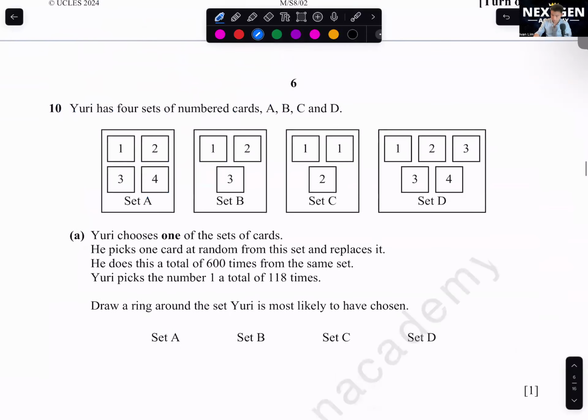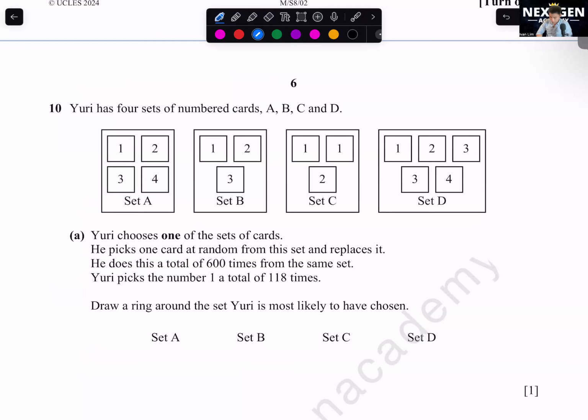Question 10. Oh, this one looks complicated. Yuri has 4 sets of numbered cards A, B, C, and D. Yuri chooses one of the sets of cards. He picks one card at random from this set and replaces it. He does this a total of 600 times from the same set. Yuri picks the number 1 a total of 118 times.